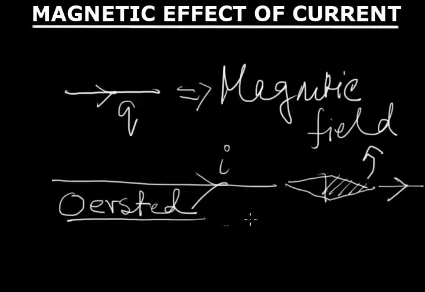Later on, many other scientists went on to study the magnetic effect of current. There were very great names like Ampere, Laplace, Biot. But finally, those two scientists together, Biot and Savart, were able to clinch the whole issue as they were able to provide the magnitude of the magnetic field induced along with the experimental proof.